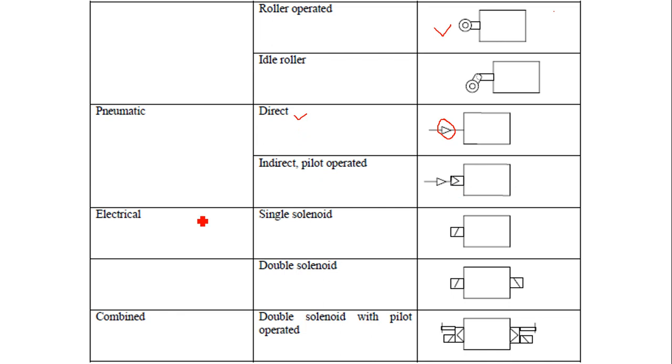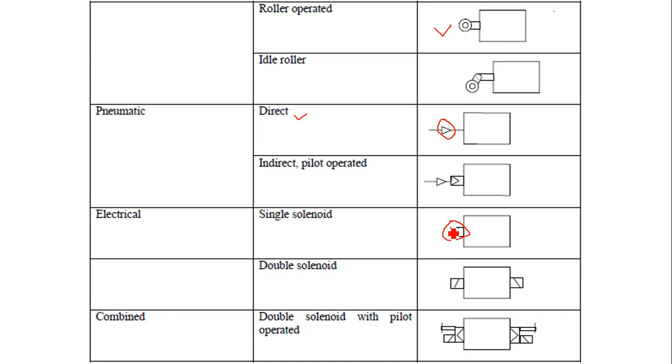Electrical signal. Now these are also the actuation. This we will require in electro-pneumatic, not now. Okay, but let's see. Single solenoid, double solenoid. Solenoid means there is an electromagnet powered by certain electrical signal. So if it is given the electrical signal, it will generate the magnetic force and the spool will be pulled towards it.